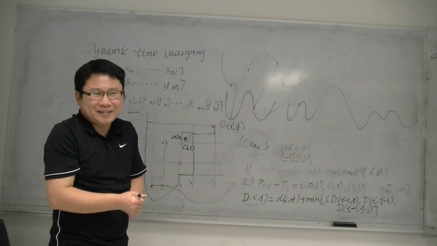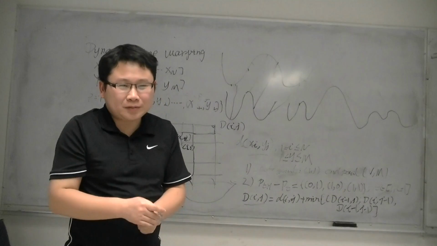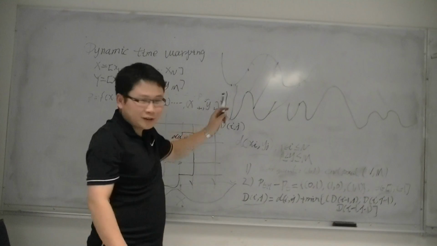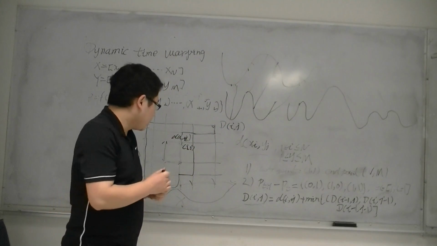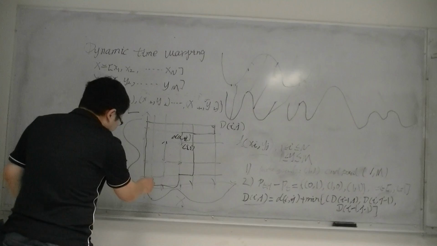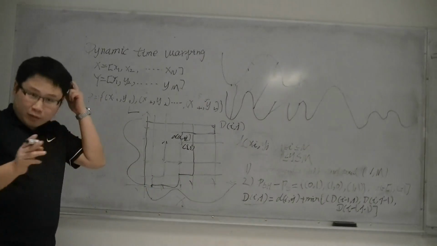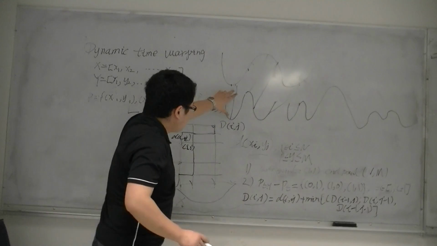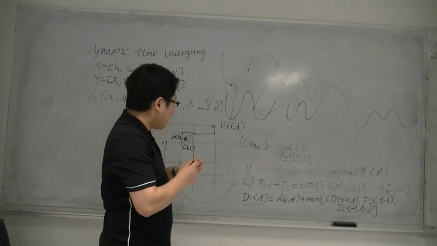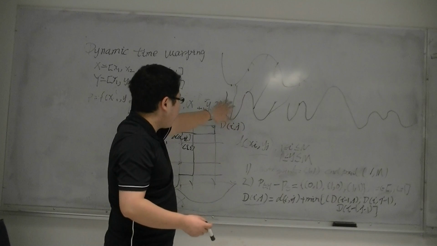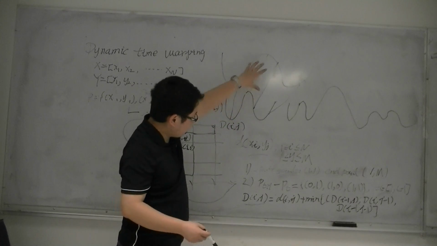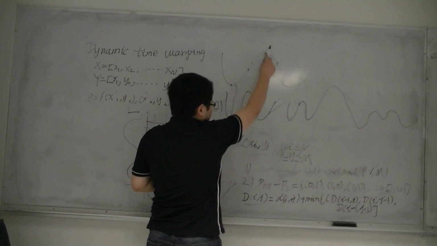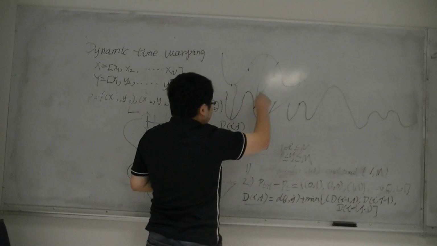You said this one is the best? Yeah, its best match is defined. Why? Because at every step here, I choose the minimum. So the philosophy behind it is that I find some points from the two signals. Maybe for this point I can use two, for example, match here.